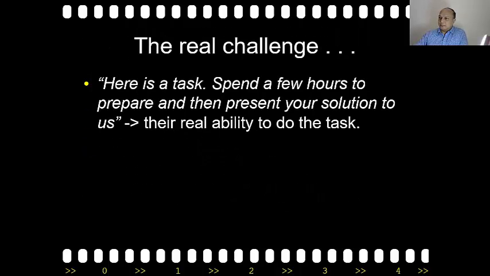Okay. The next one is usually we put an applicant into the real challenge. We would say to an applicant, here is a task, for example, a teaching task. Spend a few hours to prepare, or a few days, depending on the difficulty or the complexity or the demand of the task.